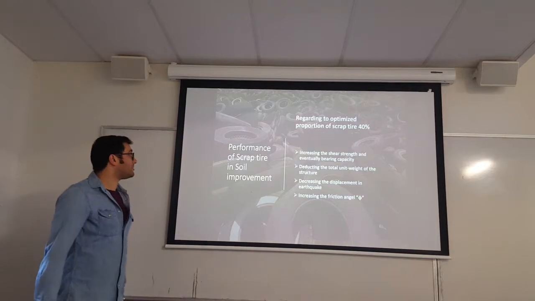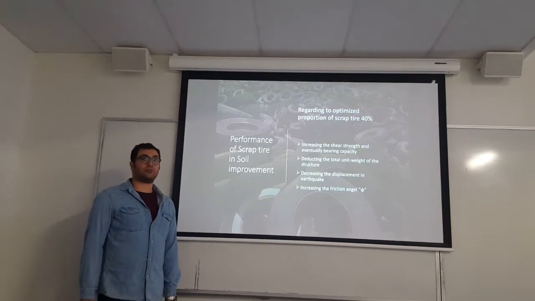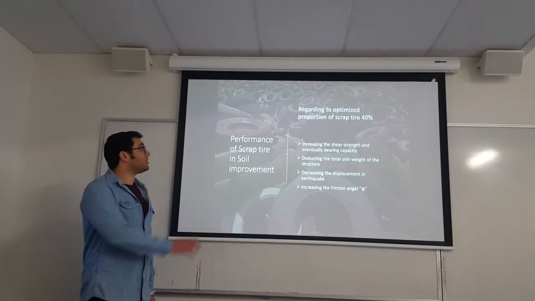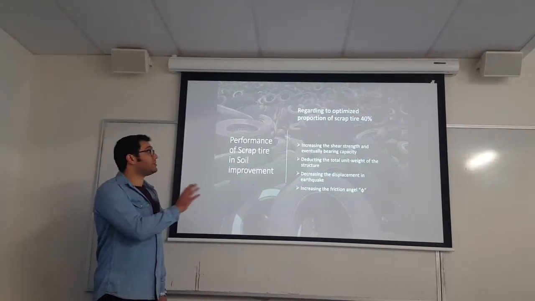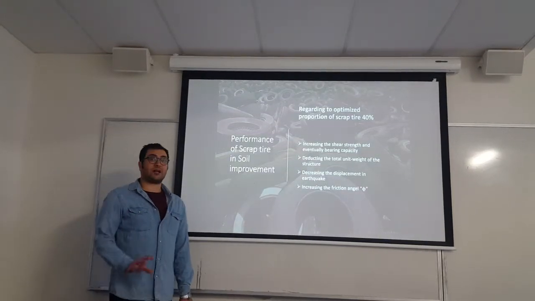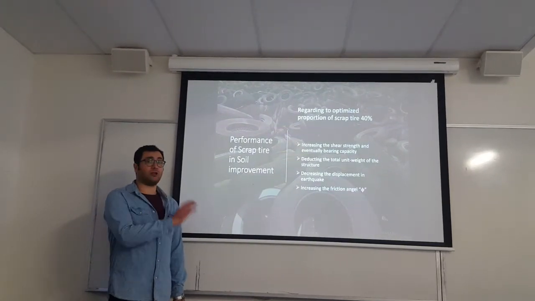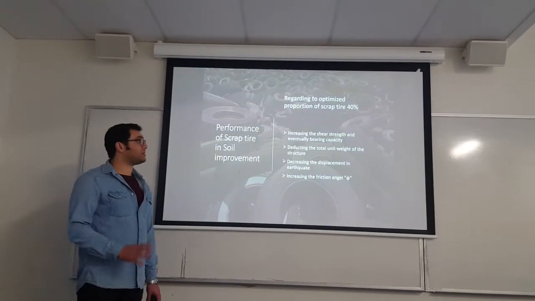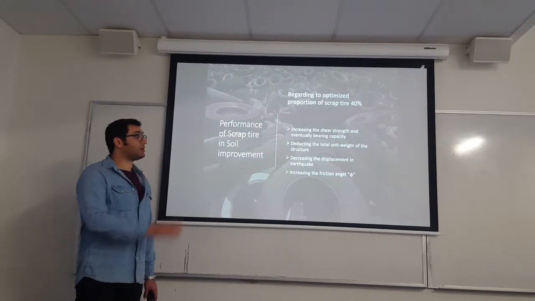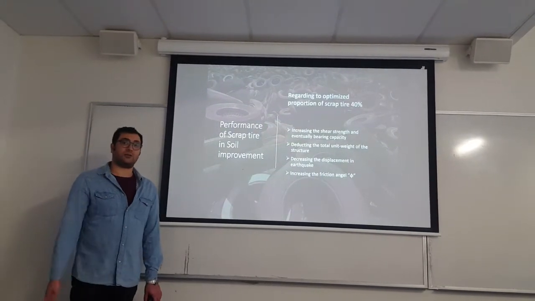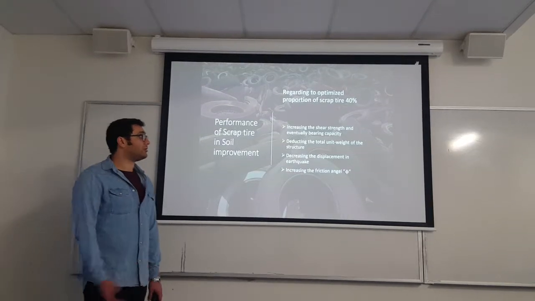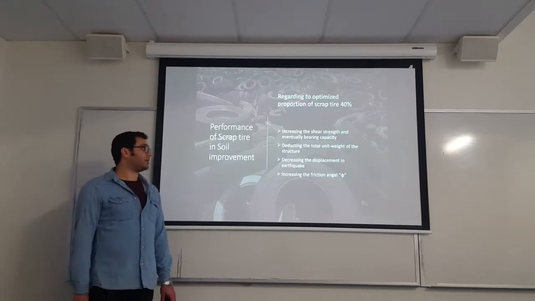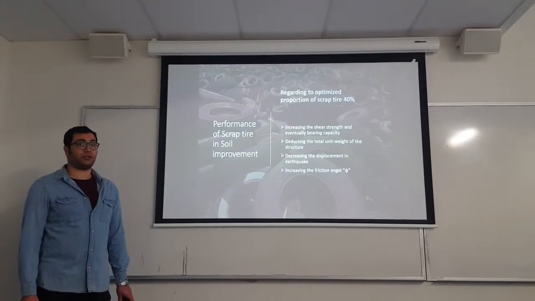Based on previous research about the performance of scrap tire in soil improvement, regarding the optimized proportion of scrap tire content in the soil, it should not be over 40%. At a maximum of 40% content, we can see increasing shear stress and eventually increasing bearing capacity of the soil, also reducing the total unit weight of the structure, decreasing displacement during earthquakes, and increasing the friction angle of the soil.